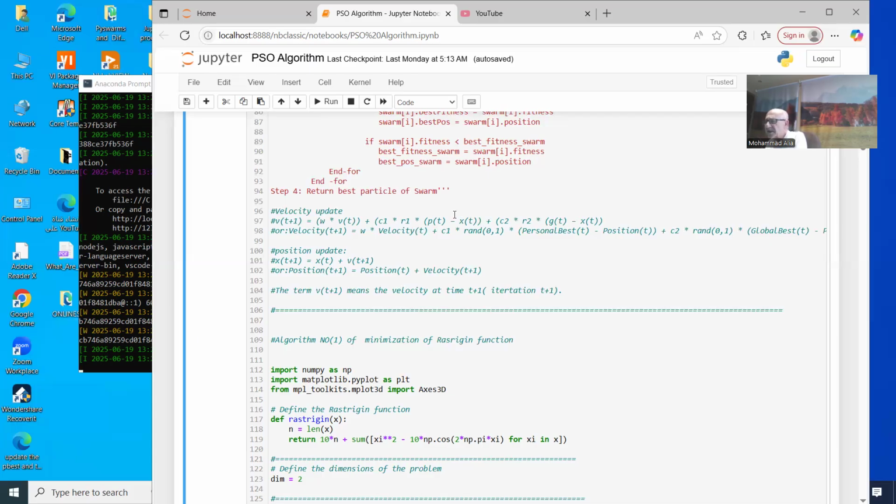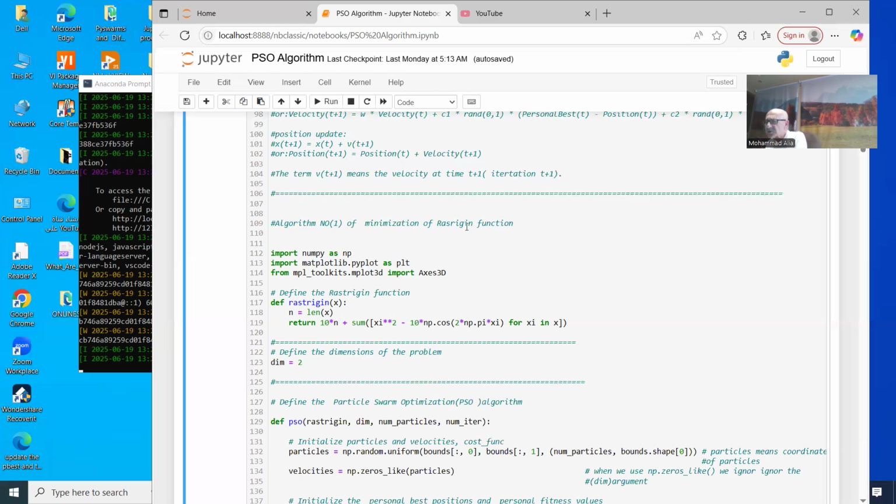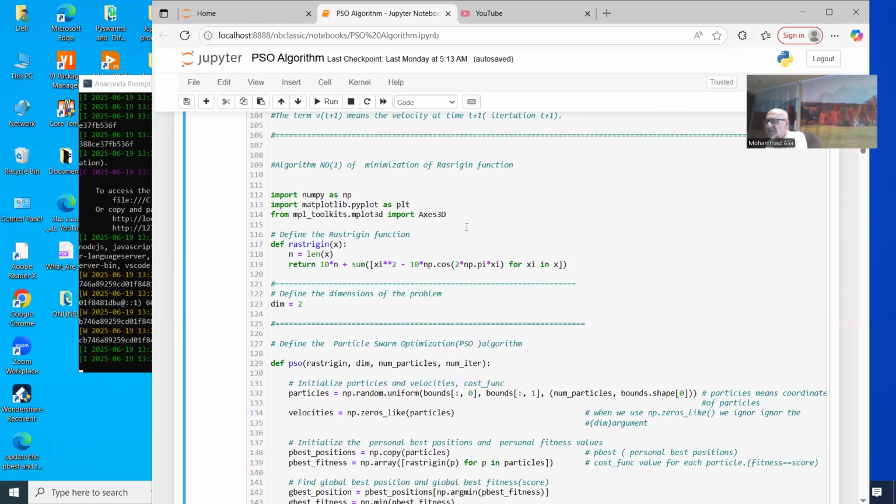Let us try to work with this through an example. This example, as we have said, will minimize the Rastrigin function. So at first, as usual, we imported the libraries which are necessary to work with, and we have defined the Rastrigin function.